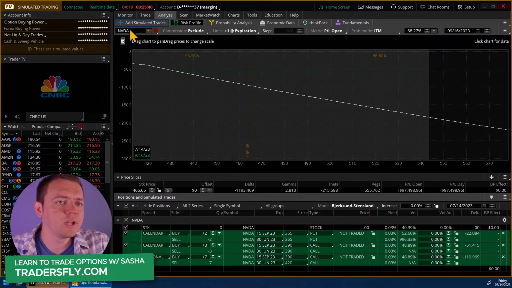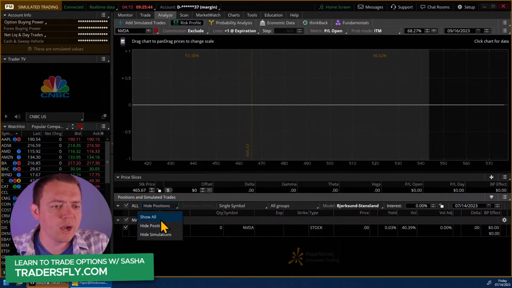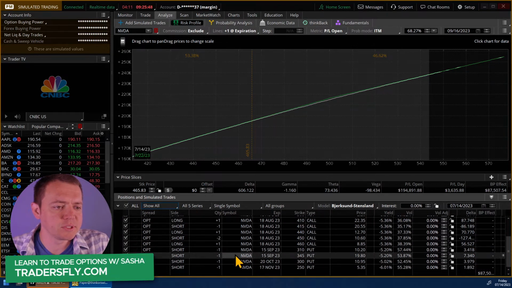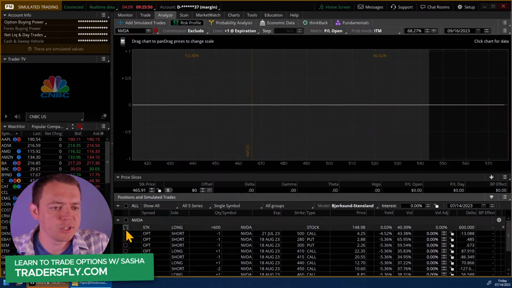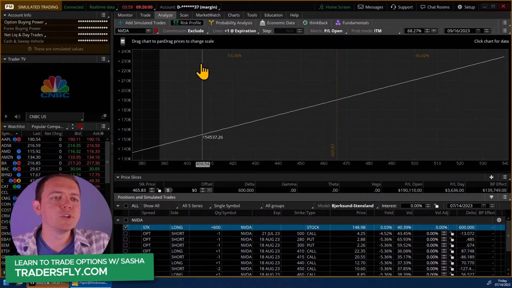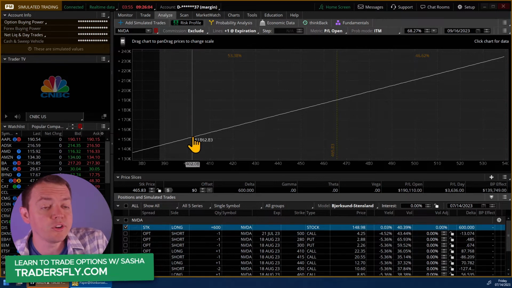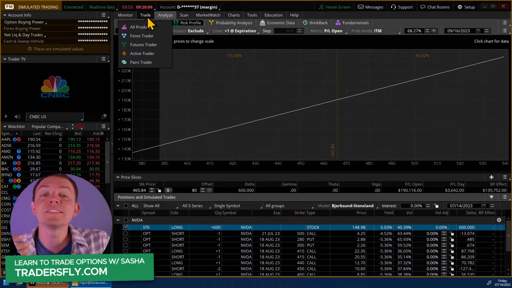Because I've got such a large position, I can look at all these positions I have. I've got a ton of different positions actually. But if I want to protect that stock position, I can go in and buy some puts. What the put will do is say, hey, if the stock crashes below 400, you can put that stock to somebody else.